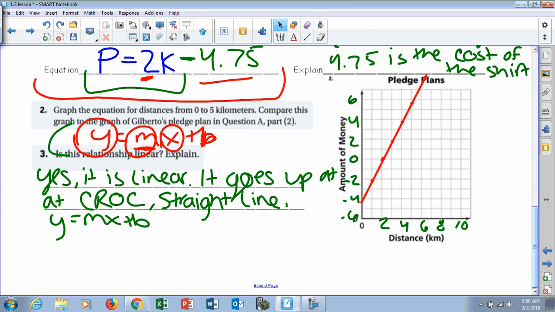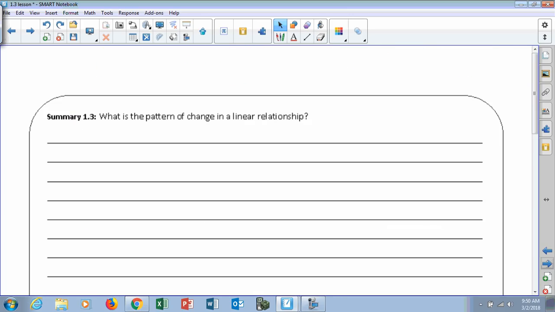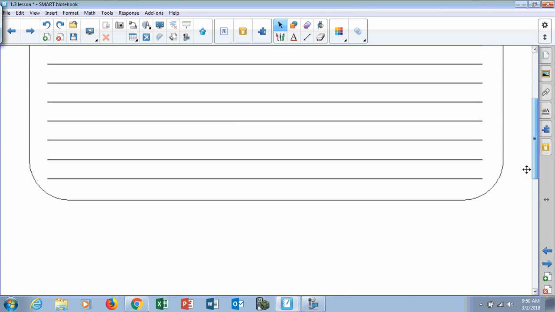So if we go on to our summary now, let me see what your summary says. All right, so in your summary, it says a linear relationship has a constant rate of change and can be represented as the graph of a straight line.